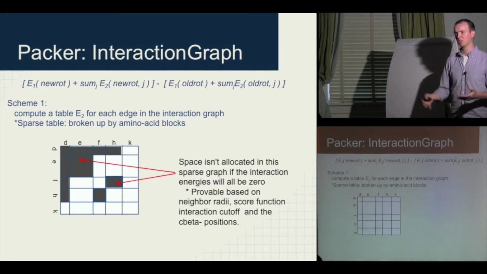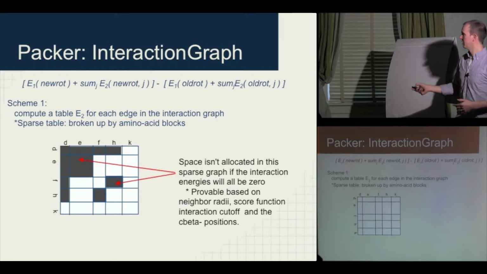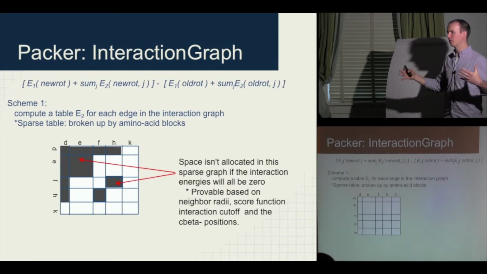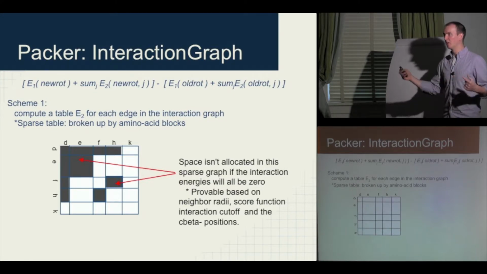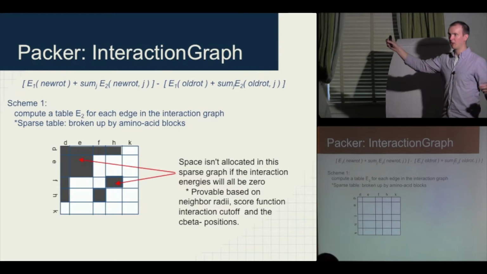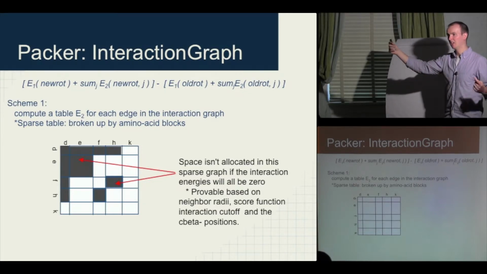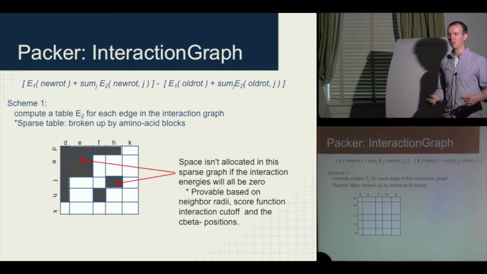They just have some index assigned to them, like 1, 2, 3, 4. And then for glutamate, we'd have another block, 5 through 20 or something. This describes all of the rotamers that we would have available. Then we can figure out, based on how big each of these amino acids are, and how far apart their C betas are, whether they're going to have any interaction energy or not.